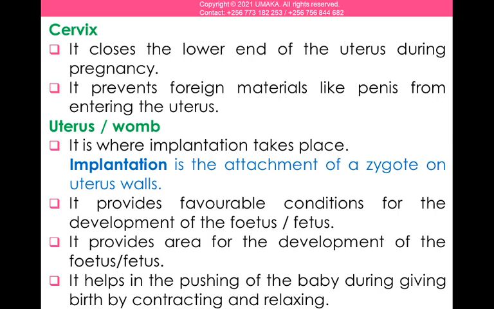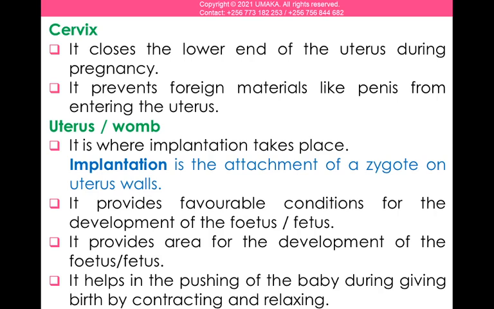That's why I told you the other time that the rhythmic contraction and relaxation of the uterus walls for the baby to come out is called the labor pain. That pain received when there is rhythmic contraction and relaxation. And I told you that one is brought by a hormone called the oxytocin hormone.